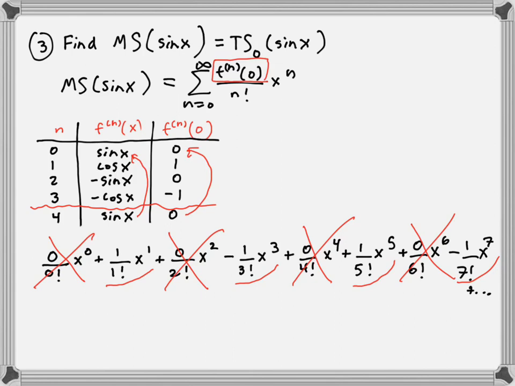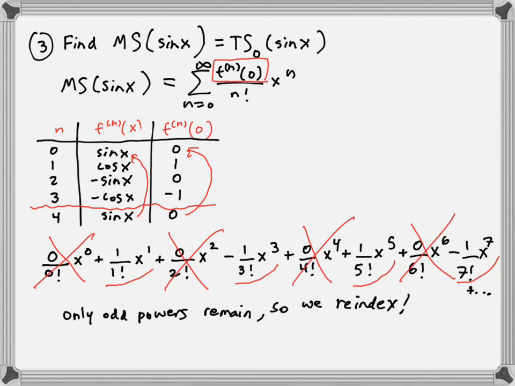So let me write this down. Only odd powers remain, so we reindex. Let me show you what I mean by that, okay? So how would we write this pattern, right?